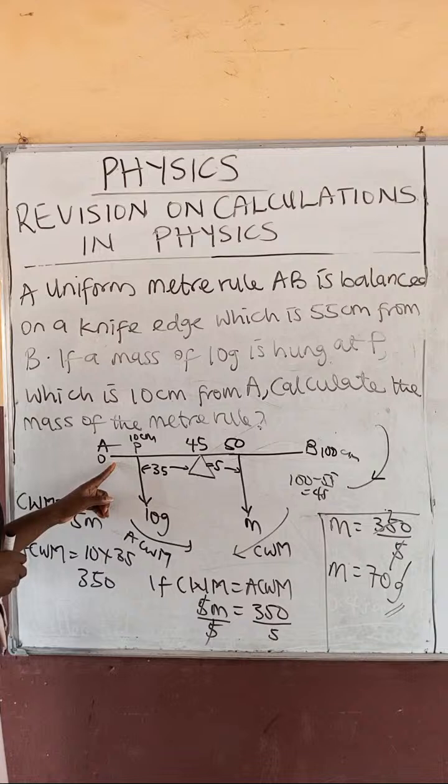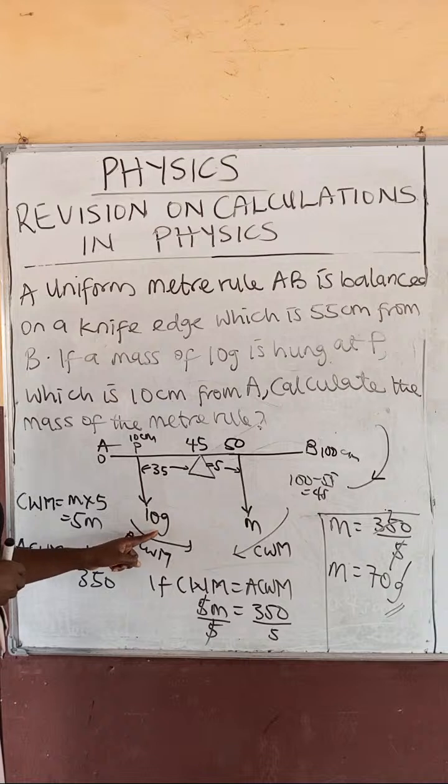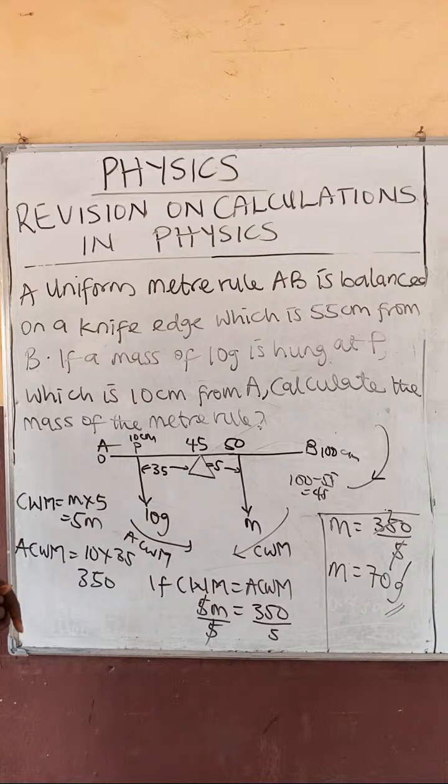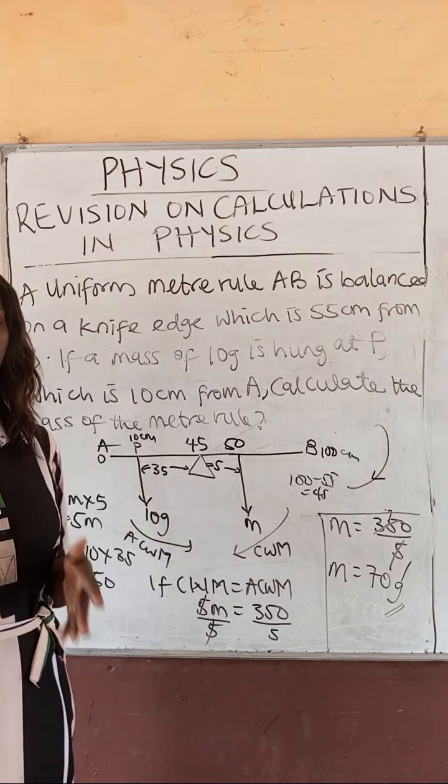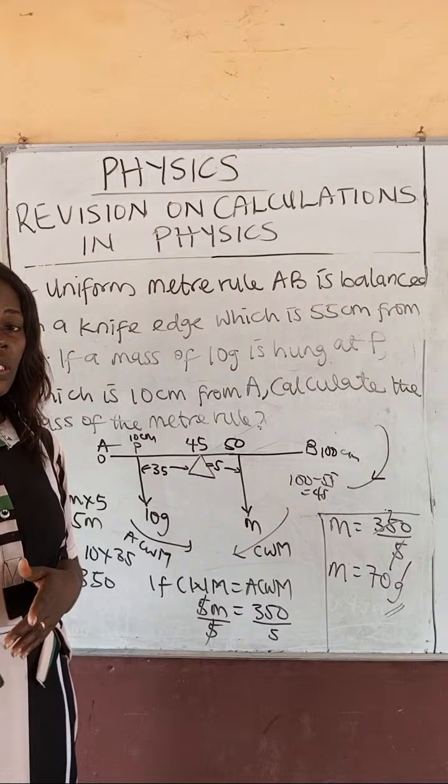A is 0. Okay? And if I place this mass at the point P, but this point P is still 10 cm from A. So what do I have? Okay, I bring it down. I have 10 grams. So what is the mass of the meter rule? The mass of the meter rule is to be placed at the rightful center of the meter, which is 50. Because we all know that the center of the meter rule is its midpoint. Okay?